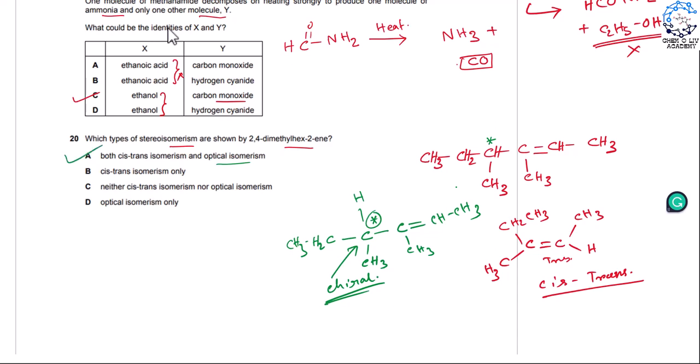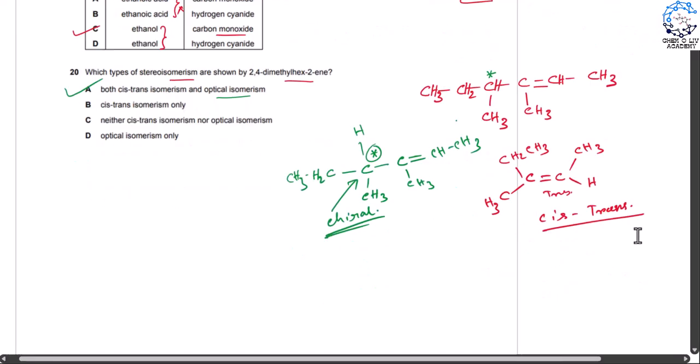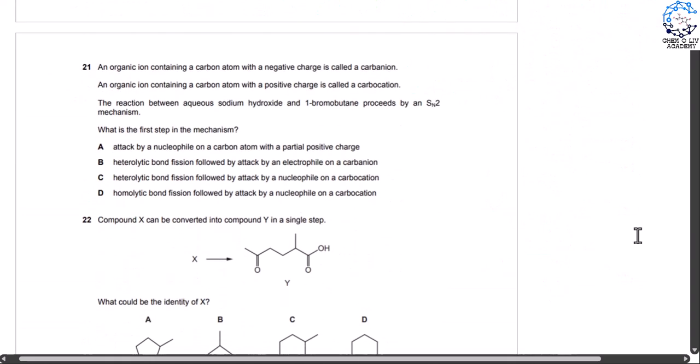Option A is the correct option, cis-trans isomer and an optical isomer. Okay, hope it is clear. Let's see the next one.